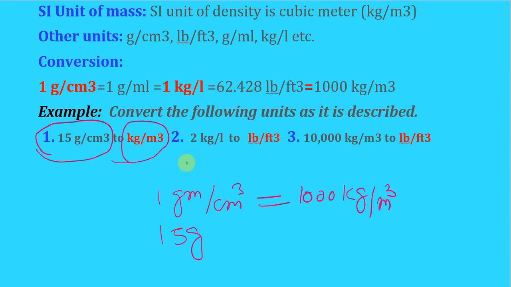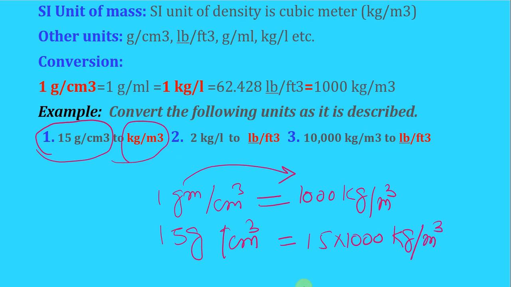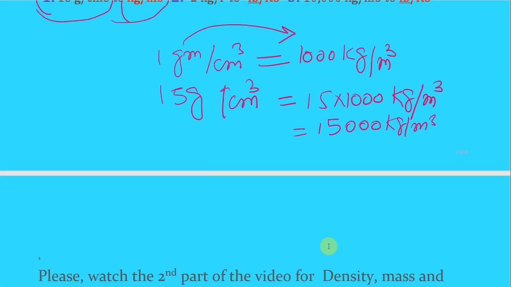If 1 gram per cubic centimeter is equal to that much kg per meter cube, then 15 gram per cubic centimeter will be 15 times 1000 kg per meter cube, and it will be 15000 kg per cubic meter.